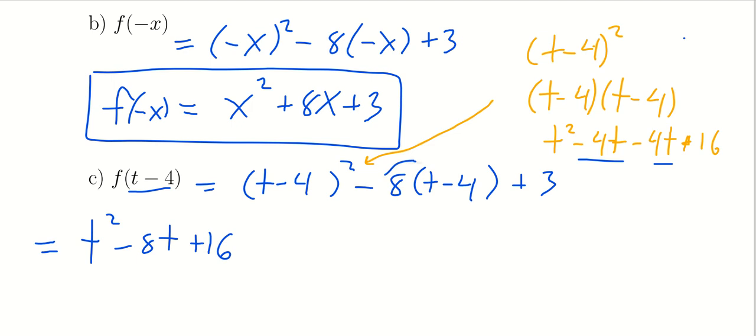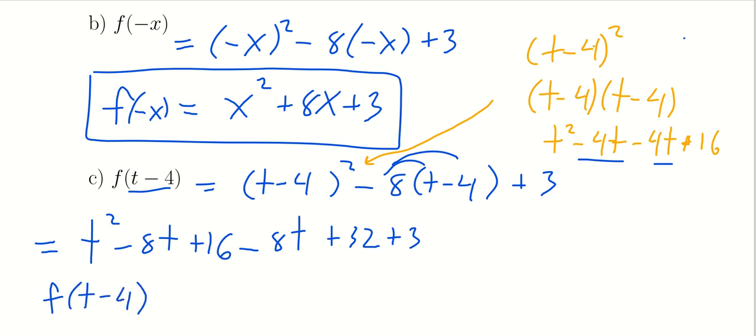For the next term, we can distribute the negative 8 into that parenthesis. That will yield a negative 8t plus 32 plus 3. And then the last thing we can do is just simplify our like terms here. We have a t squared term, which is this one right here. Our t terms are these two. We have a negative 8t and another negative 8t.